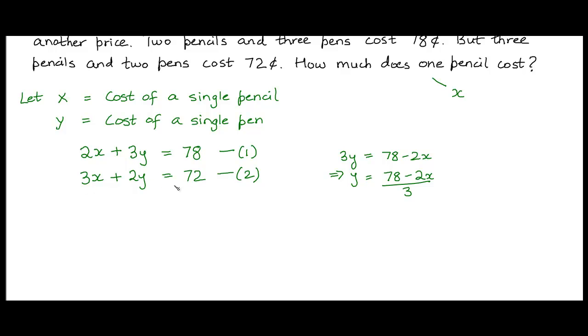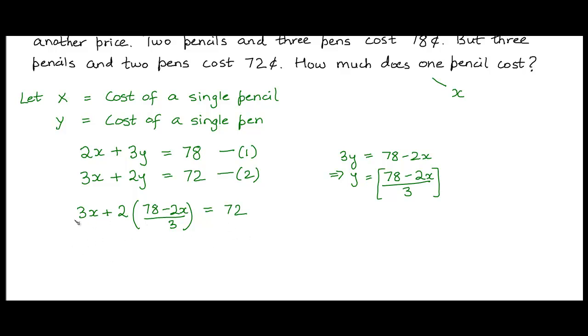So if 3x plus 2y is 72, this means 3x plus twice this expression, because y is (78 minus 2x) divided by 3, should be equal to 72. Now we have only one unknown here, the variable x, and we can solve for x in this equation.